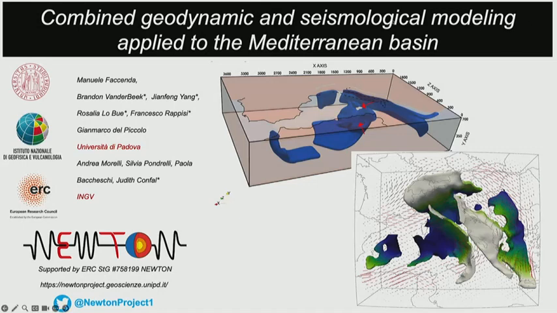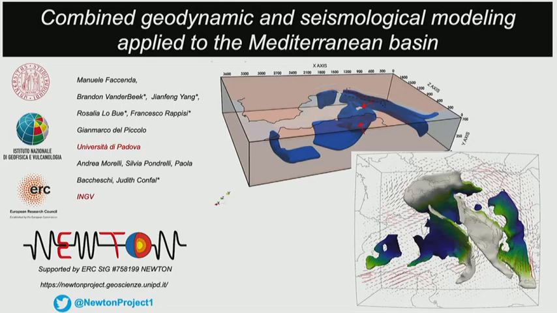On the other hand, we use seismological methods to reproduce the present-day structure of the Earth's interior, like this tomographic model that I will show you later. The problem is that the interpretation of the seismic observations, like seismic anomalies, again, is not unique.